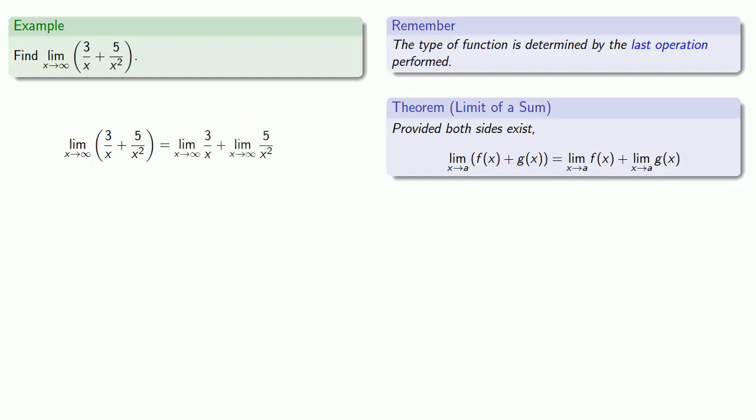Now if we take a look at the individual functions here, this 3 over x and this 5 over x squared, we can rewrite those as 3 times 1 over x and 5 times 1 over x squared. And now these functions are constant multiples, and so we can invoke our constant multiple theorem.